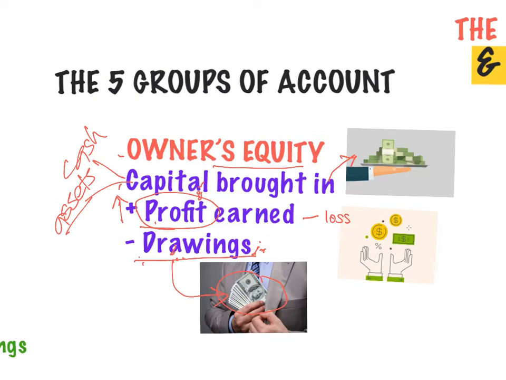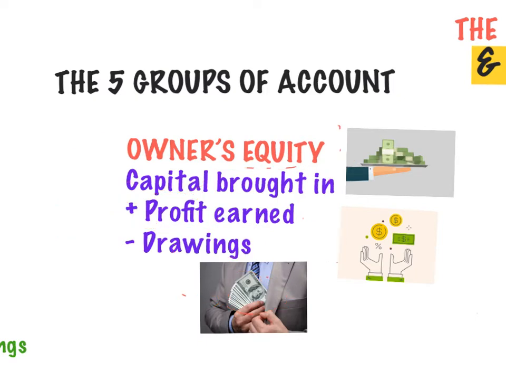So this is what we mean by owner's equity. That is whatever the owner brings into the business plus whatever profit the business earns, and also minus the drawings that the owner has made from the business.